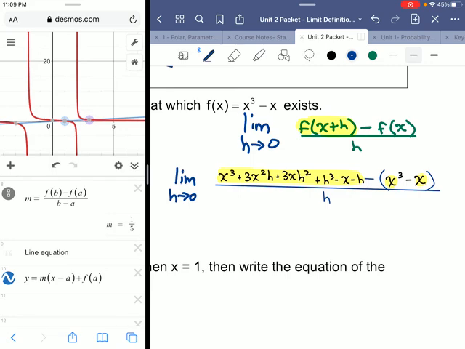All right, so when you perform the operations here, following order of operations, take care of parentheses, nothing going on there. We could distribute if we want, but we could also look at it on the fly. We have an x cubed minus an x cubed, cancels out. We have a negative x minus a negative x, so negative x plus x cancels out to 0.